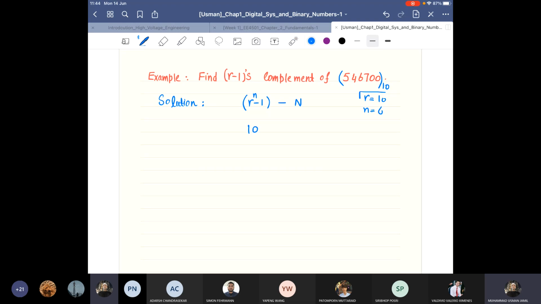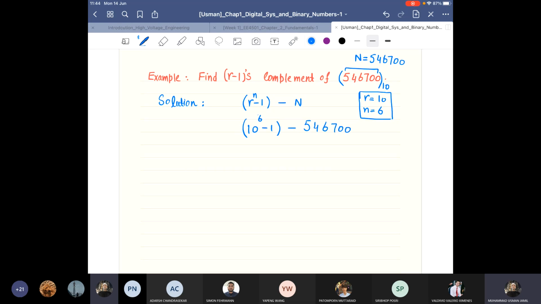So n is 6. So R is 10 and n is 6. So it is 10 raised to power 6, minus 1, minus n, where n is 5, 4, 6, 7, 0, 0.